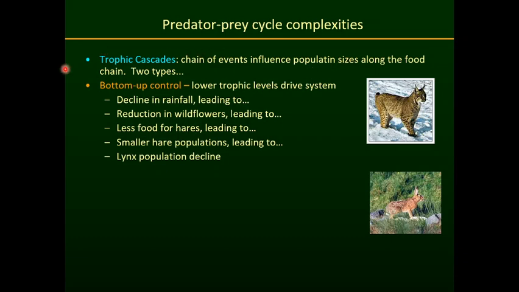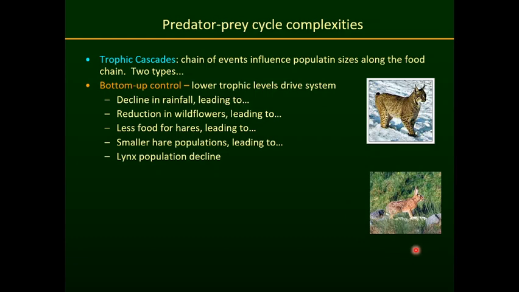Okay, and there's two types of trophic cascades, one is bottom up and the other is top down control. So let's start off with bottom up control, and I'm going to keep going with the lynx and the snowshoe hare example because we had that pretty graphic picture at the beginning of our predator section here.